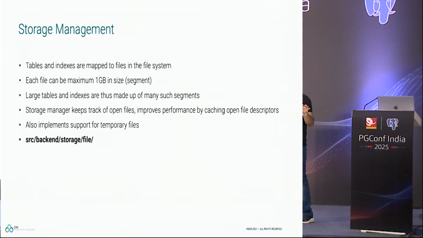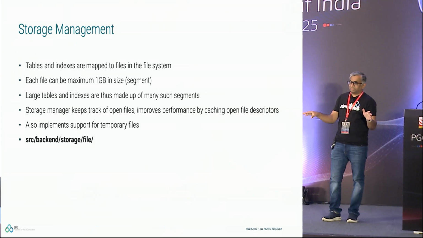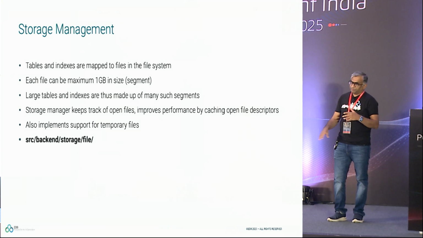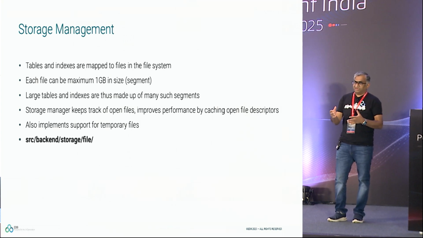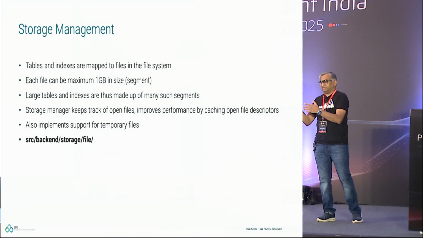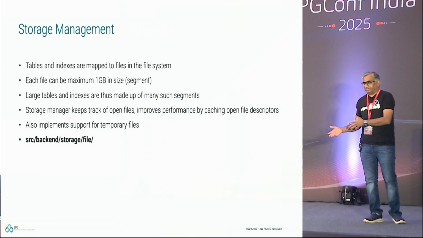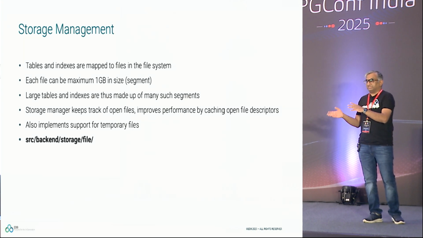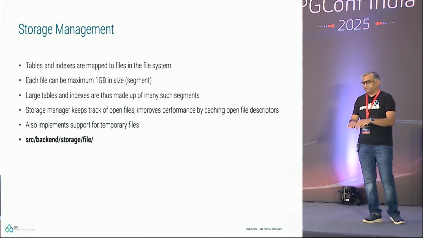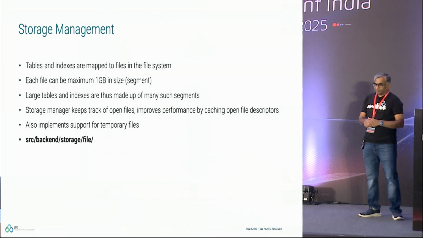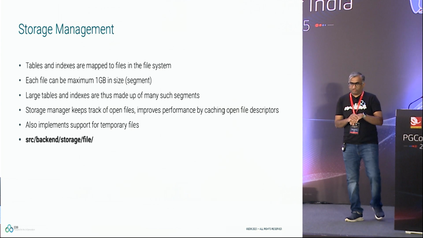The bottom tier of the architecture slide that we looked at was about all files, and that entire thing is handled by SRC backend storage file. In Postgres nowadays there is a concept of shared file sets and things like that. All of those are handled or tracked under SRC backend storage. In Postgres, like I said, everything is a file.